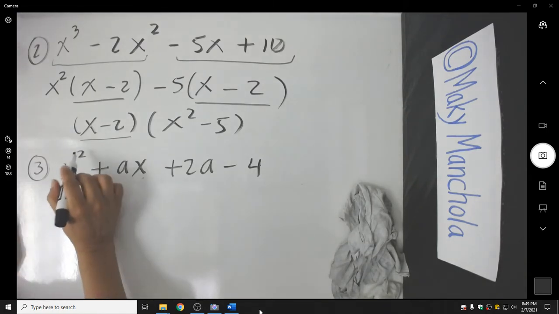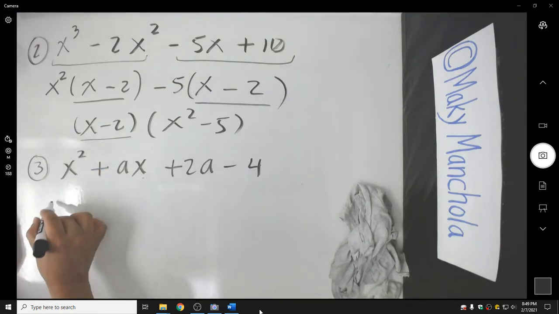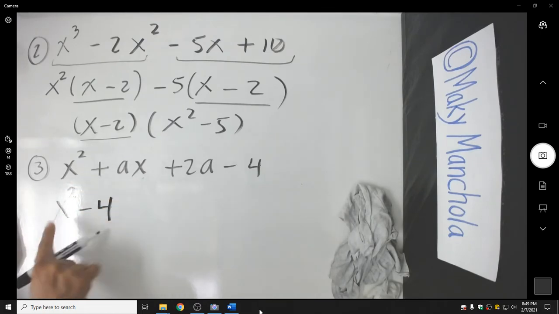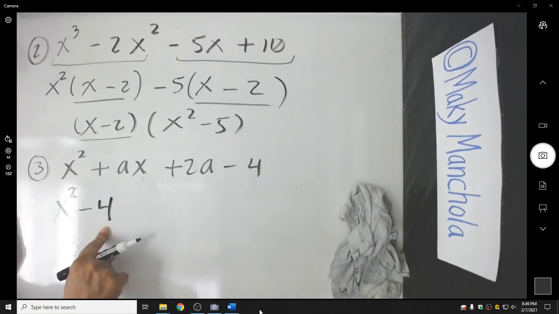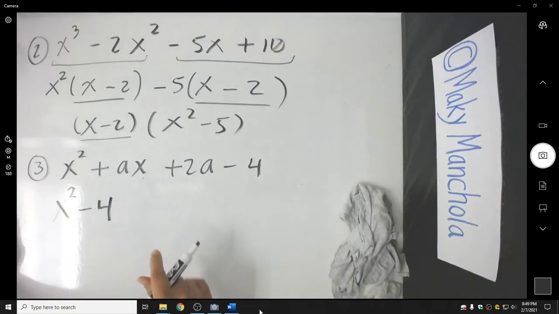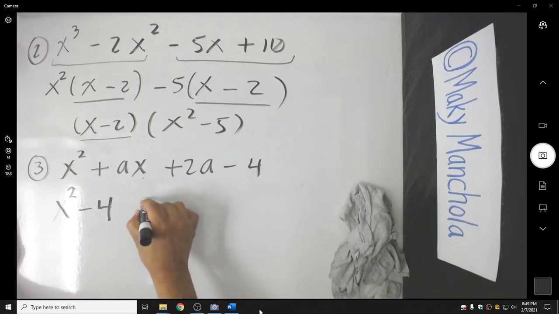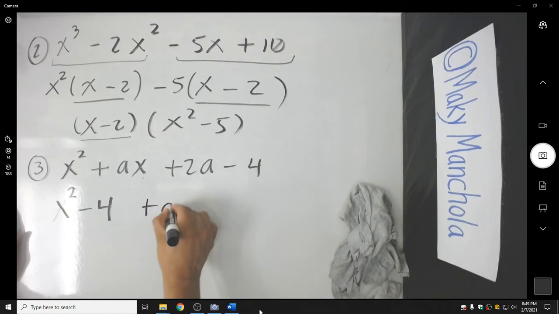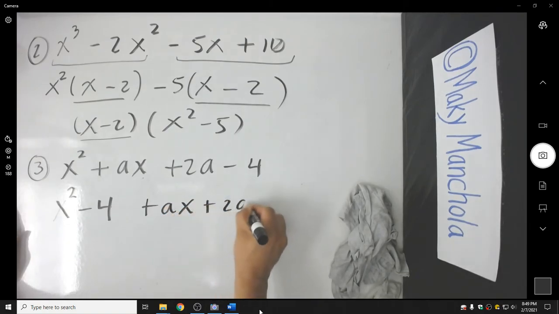Now let me observe here that x squared minus 4 factors because it is a difference of squares. And then here we still have ax plus 2a, so plus ax plus 2a.